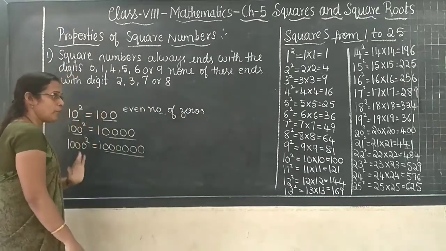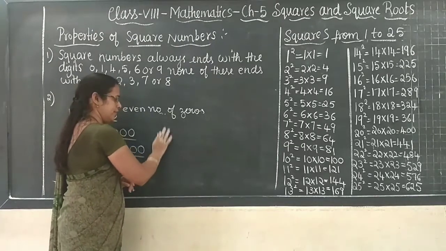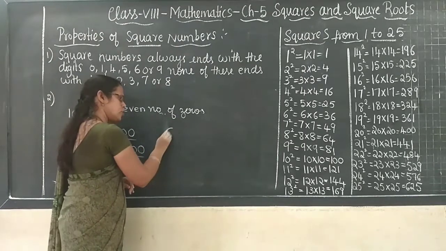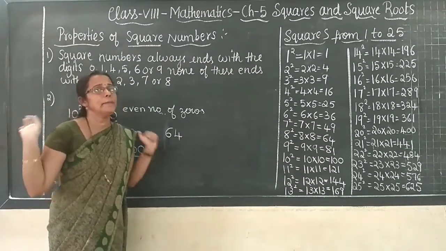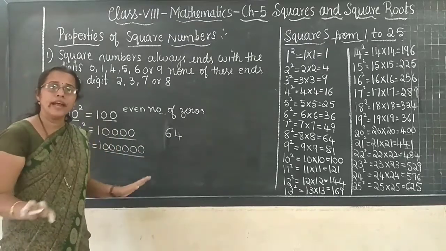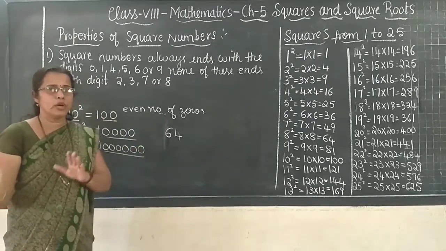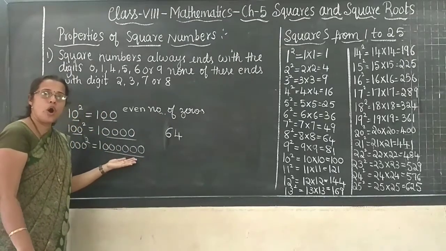Now, if I take any perfect square number, perfect squares never end with an odd number of zeros. So, a perfect square ends with an even number of zeros.